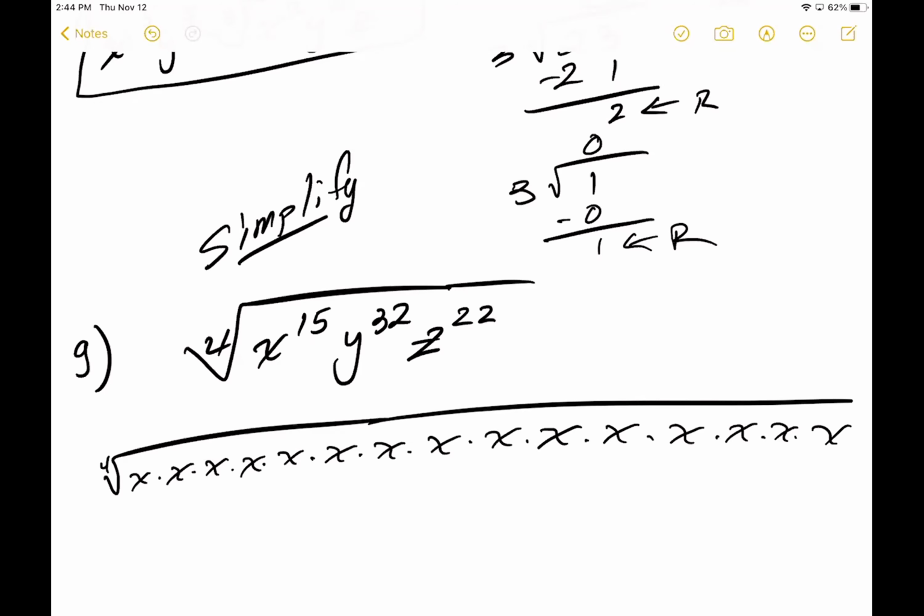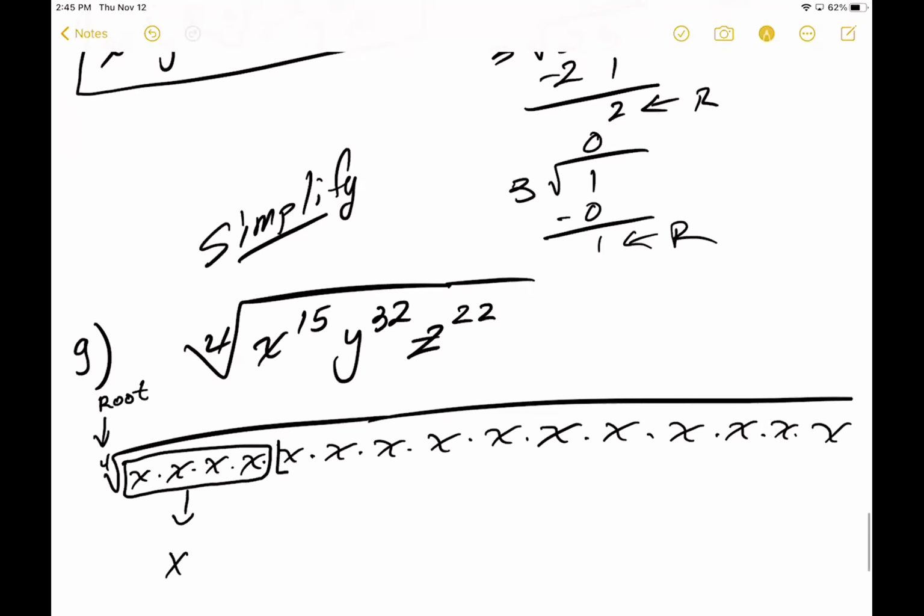But why do I write that? Because of the 4th root. Because of the root 4, everybody see that in order for you to take 1 x out, you need a group of 4. This thing here, I take 1 x out. I need a group of 4. This thing here, I take 1 x out.